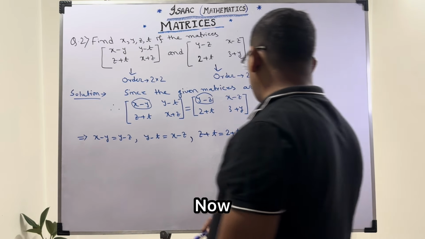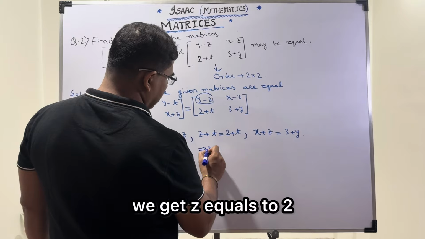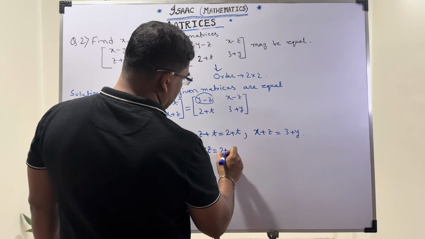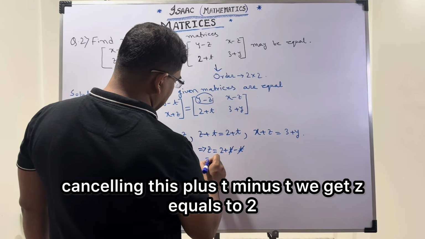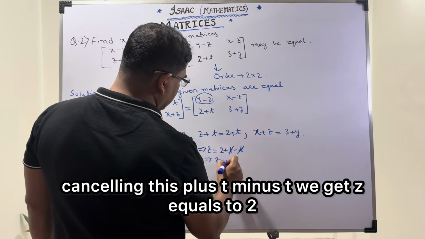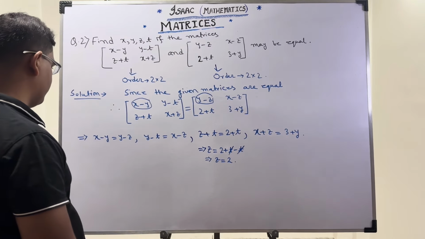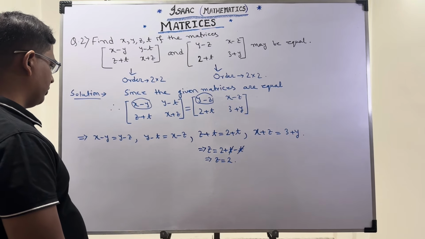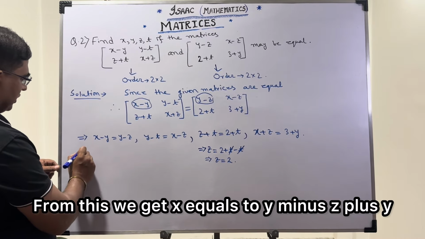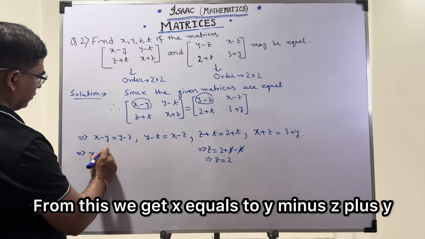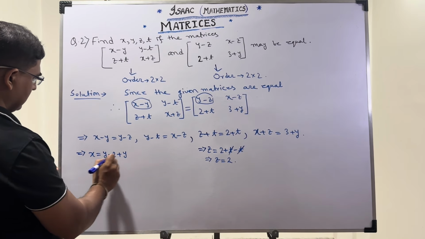Okay. Now from this relation we get z equals 2 plus t minus t. Cancelling this plus t minus t, we get z equals 2. From this, we get x equals y minus z plus y.